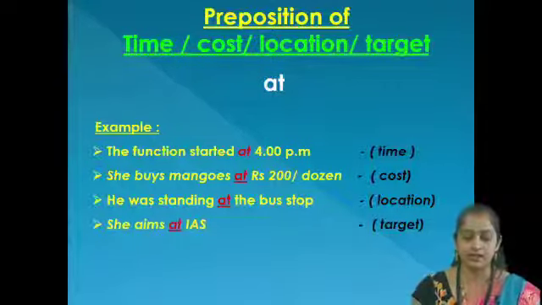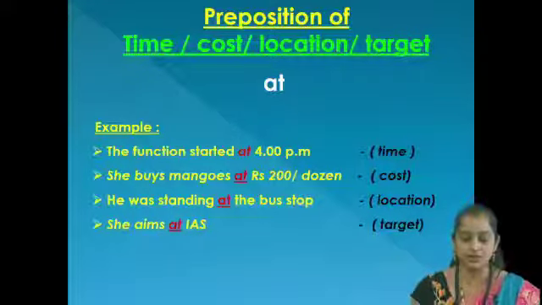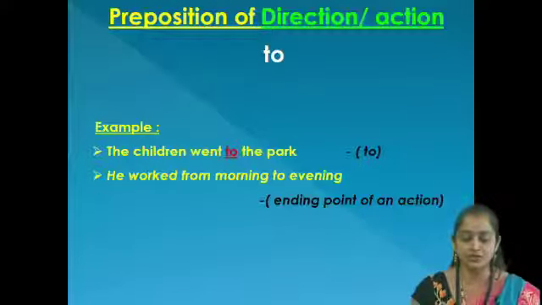Third example is he was standing at the bus stop. Here, the preposition is at and it indicates location. Fourth example is she aims at IAS. Here, the preposition is at and it indicates target.